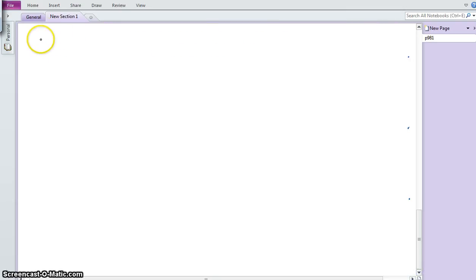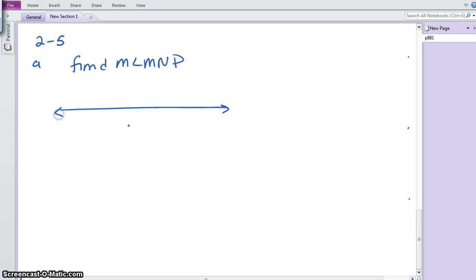Let's continue with 2-5. A asks you to find the measure of angle MNP. First thing you do is draw the figure and label it as it's labeled in the text. And we're told that this obtuse angle is 152 degrees.